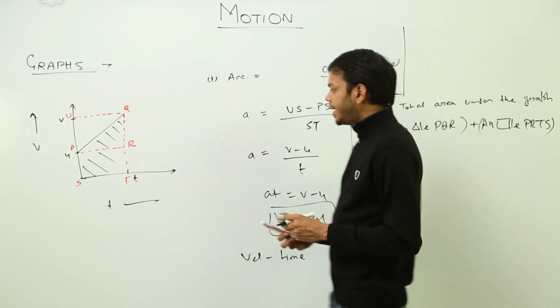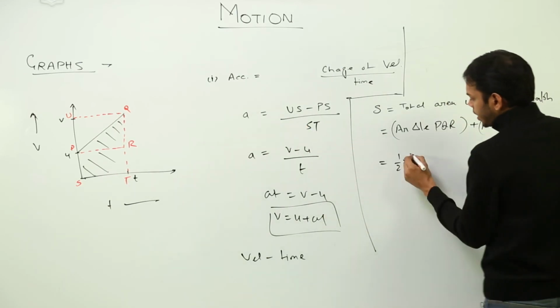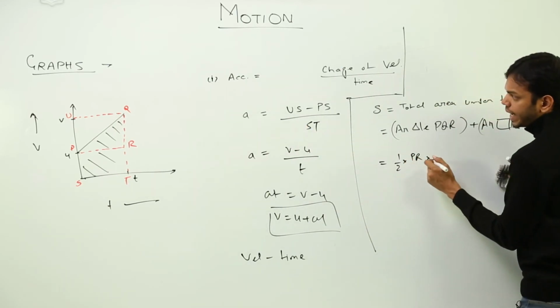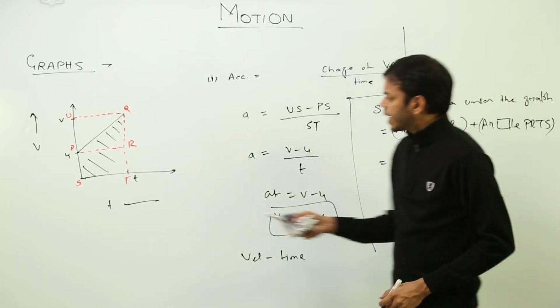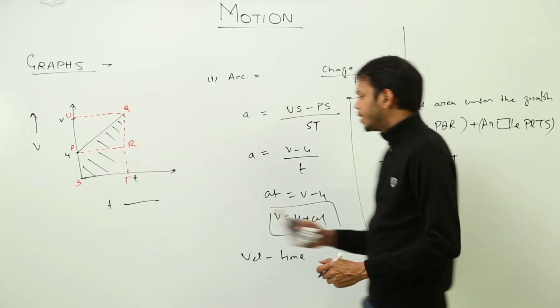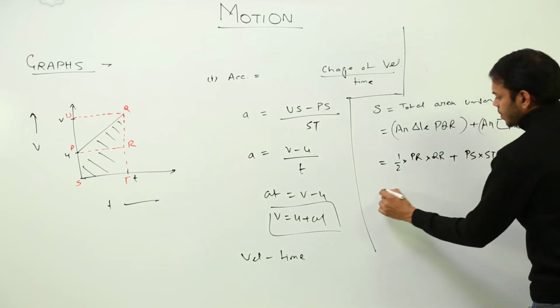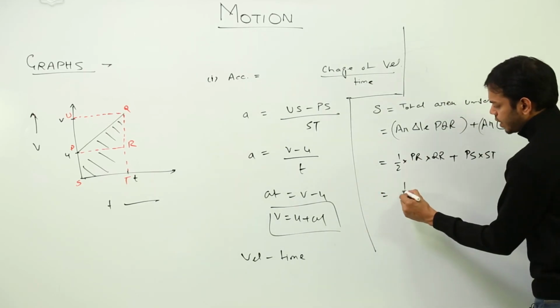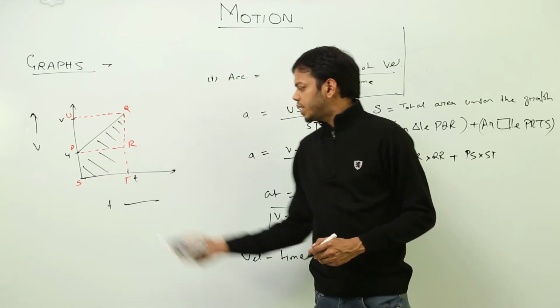Half into base into height, which is half into base PR into height QR, plus area of rectangle, length into breadth, PS into ST. What is PR? P to R is this thing ST, which is T.